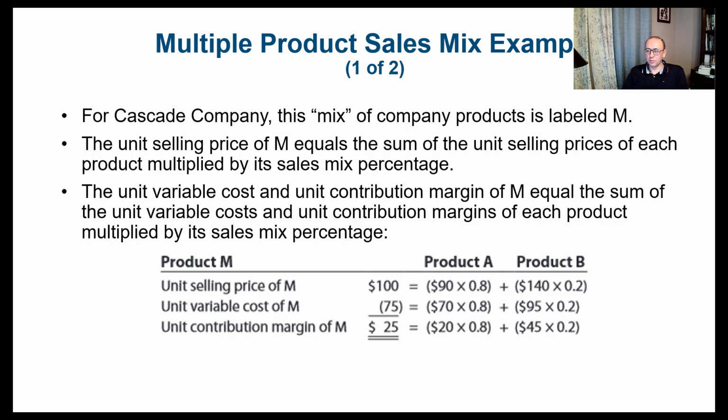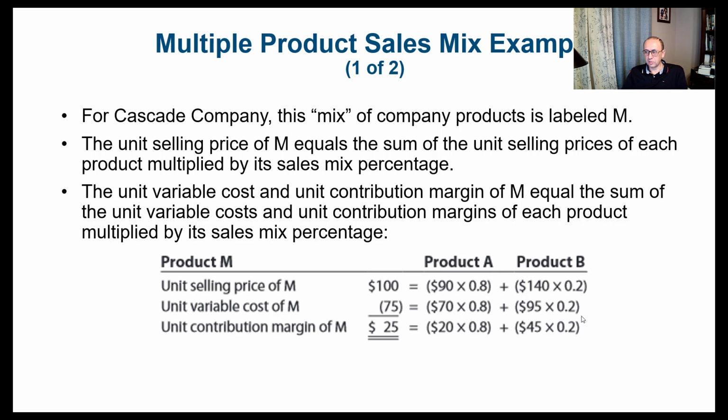So let's see how that works. The selling price of the mix M: for product A, it's $90 multiplied by 80%, and for product B it's $140 multiplied by 20%. We do the math, and the selling price for the mix is $100. If we look at the variable cost, it's $70 at 80% and $95 at 20%.